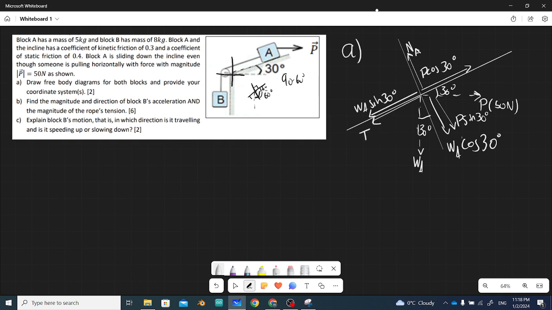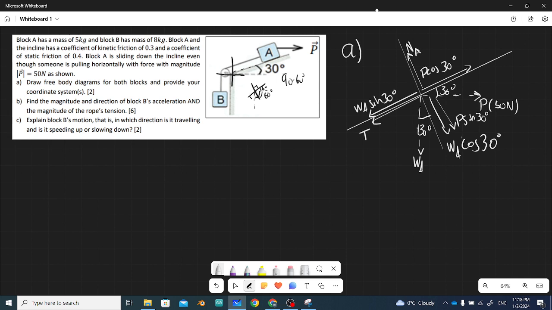Block A is sliding down the incline, even though someone is pulling horizontally with force of magnitude P equal 50. So it's sliding down the incline. This means that there is a frictional force. It's also written that there's kinetic friction. So this means it's kinetic frictional force. Kinetic frictional force is always opposite to the way it's sliding.